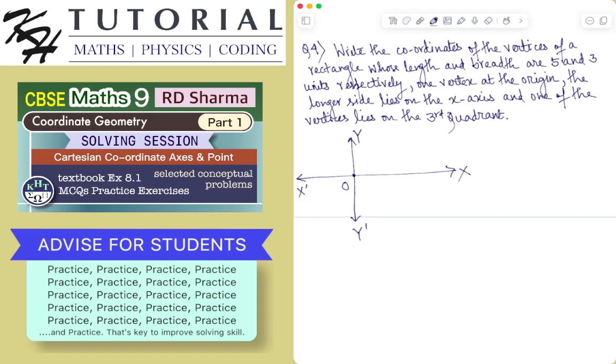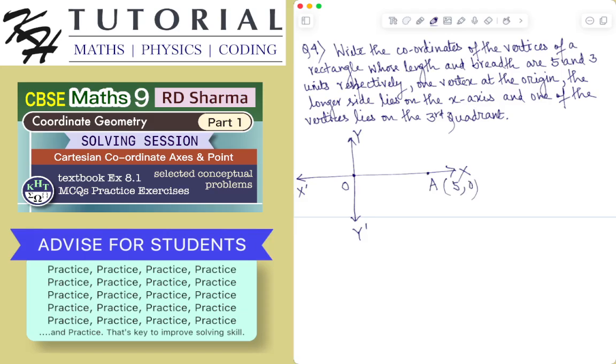So I can say that if OA is one of the longer sides, then the coordinates of the point A will be 5, 0.